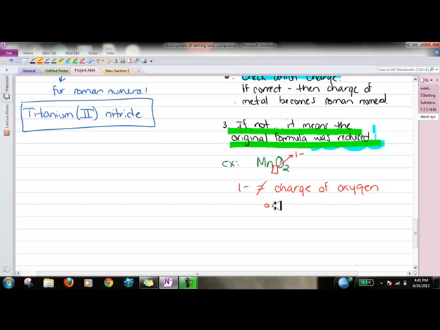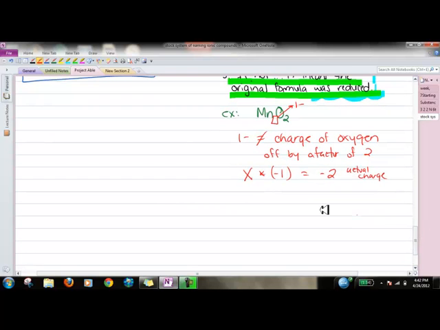So that's telling us we're off by a factor of 2, because x times -1 should equal -2, which is our actual charge. So make that a 2, so that would have been Mn2O4. All right, so now we can go ahead and reverse that crisscross.